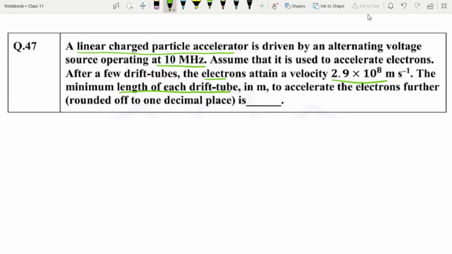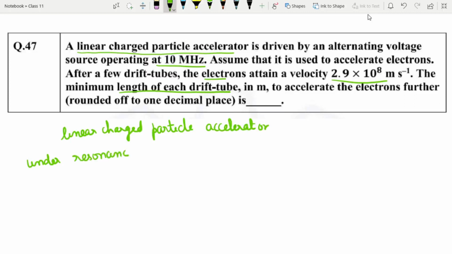So we know that in a linear accelerator, under resonance condition, the time taken by the ion to traverse the drift tube is equal to half of the time period of the RF accelerating voltage.